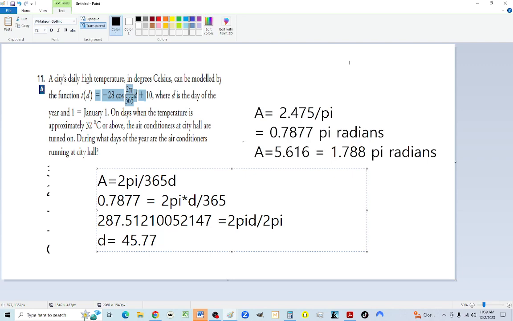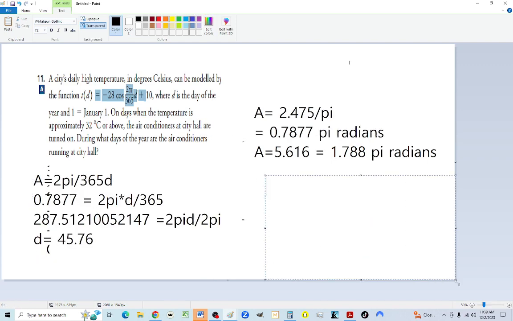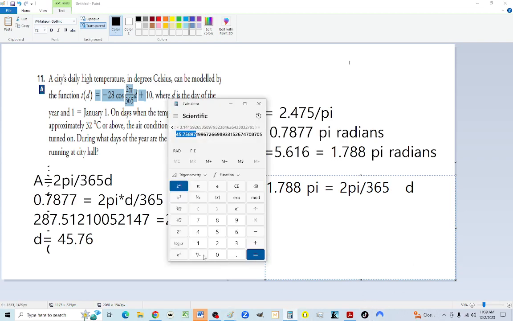That's day 1. The second one is, first you multiply by 365. Let's see if I can go back and find the exact value, and divide by pi.